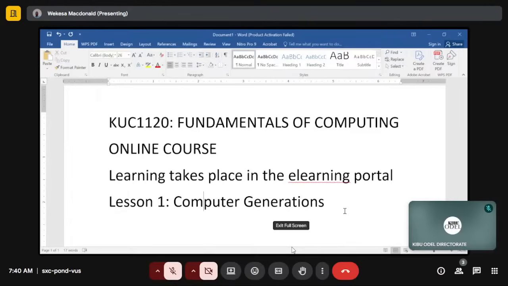But there's still an echo. So what will I do with this echo now? Just hold on, I try and do away with this echo. But it's clear now compared to earlier on, right? Yeah.